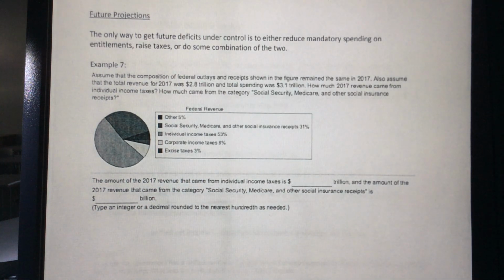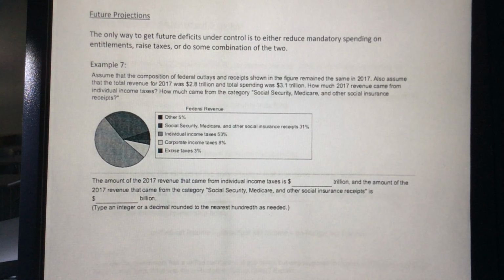Let's talk about future predictions here. The only way to get future deficits under control is to either reduce mandatory spending on entitlements, raise taxes, or do some combination of the two. In example 7, we're assuming that the composition of federal outlays and receipts shown in the figure remain the same in 2017.